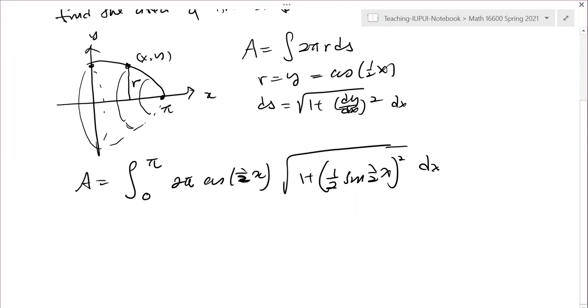Now, next step. You have to find a way to integrate. So up to right now, you already get like 60% of the credits.